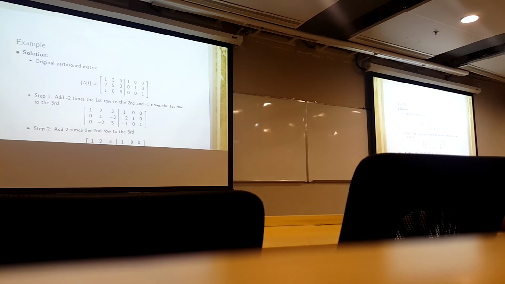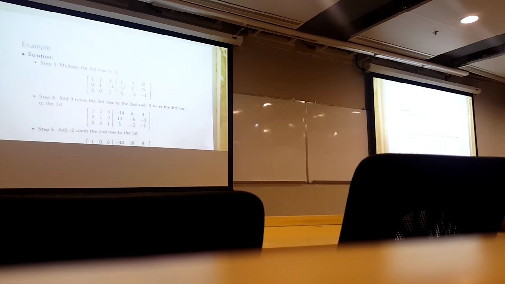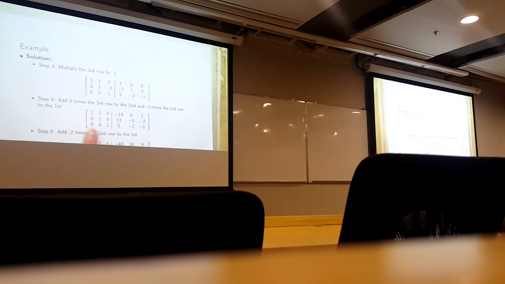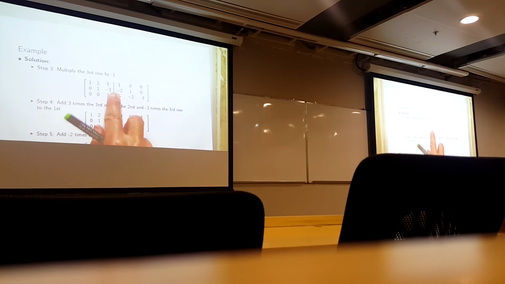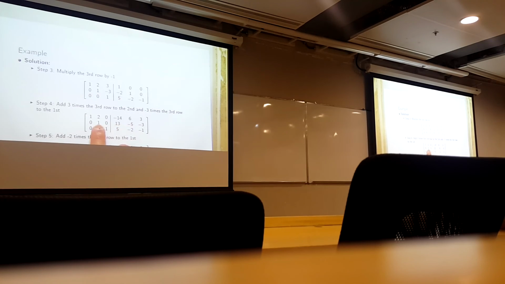And then multiply the first row by 2, the second row by 2, and then add to the third row. We get this one. And then multiply the third row by -1. We get this one. And then multiply the third row by 3 and then add to the second row. We get this one. And then multiply the second row by -2, and then add to the first row. We get this one.